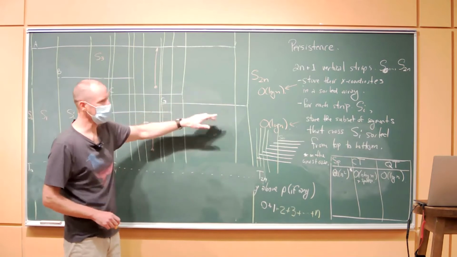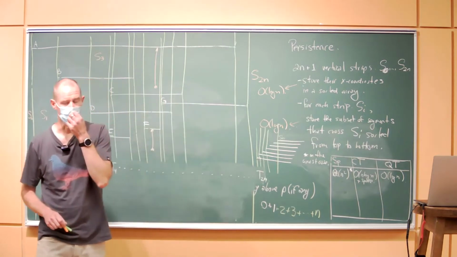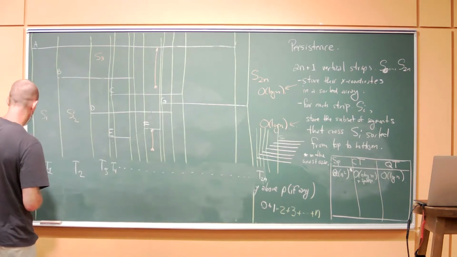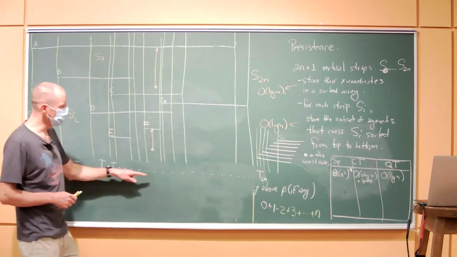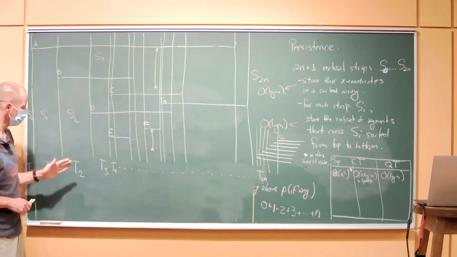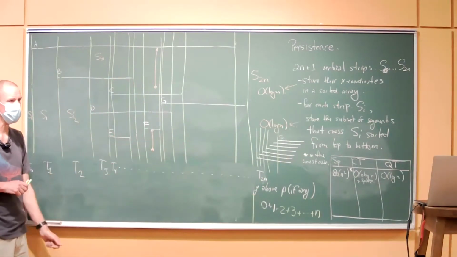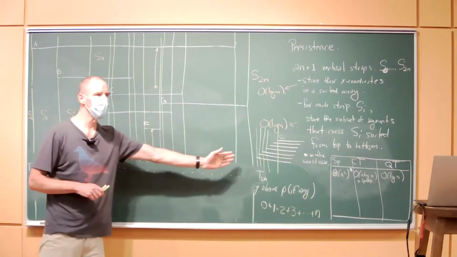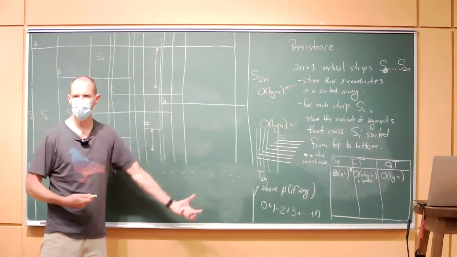Each one stores exactly the things that cross that strip. And you can build all these binary search trees in n log n time. That's just the plain sweep, and each one is an insertion or deletion. So you had them all while you were doing this, but you need to remember them.